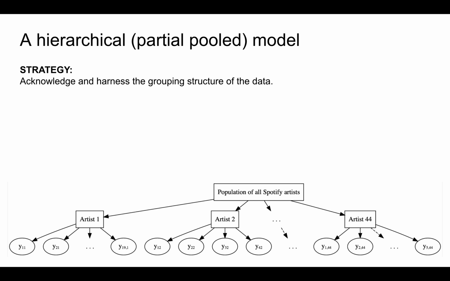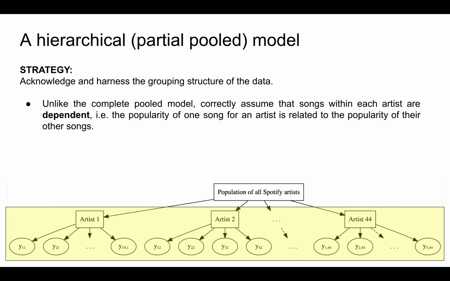The strategy here is to not only acknowledge, but to harness or utilize the grouping structure of the data. First, unlike the complete pooled model, a hierarchical model correctly assumes that songs within each artist are dependent. That is, the popularity of one song for an artist is related to the popularity of their other songs.